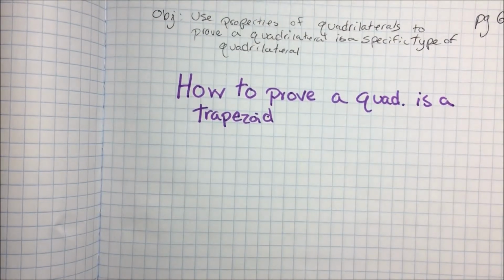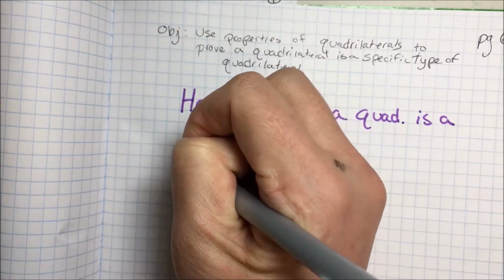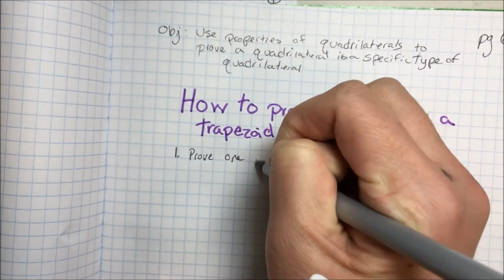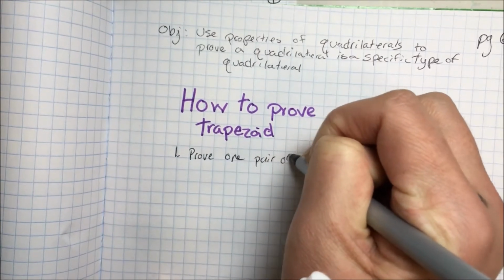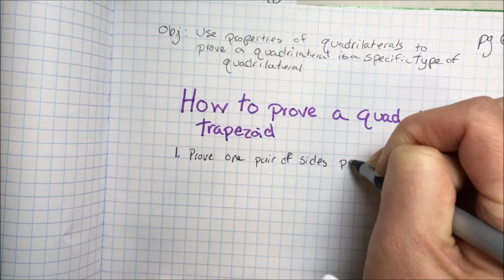This one's easy. There's only one way to prove this. Prove one pair of sides parallel.